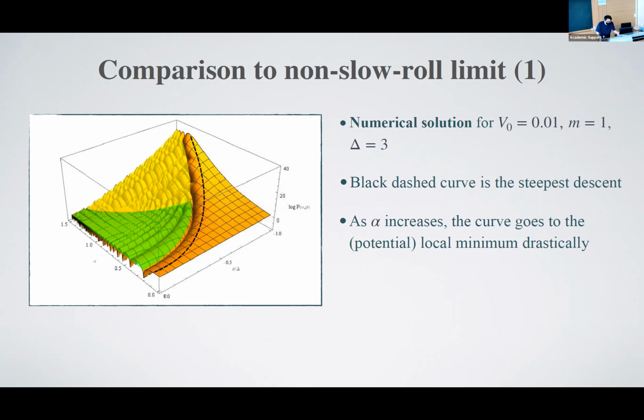The black dashed curve is the steepest descent, which is predicted to give the most dominant probability in the analytic Hartle-Hawking wave function solution. Note that as alpha increases, the curve goes to the top, I mean the point where the potential has its local minimum, exponentially increasing.